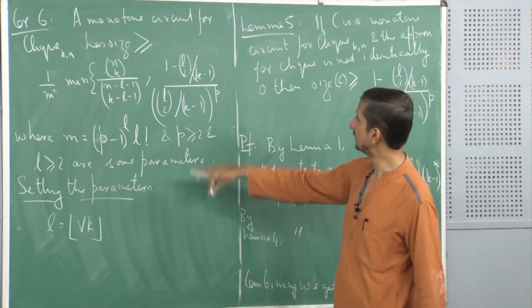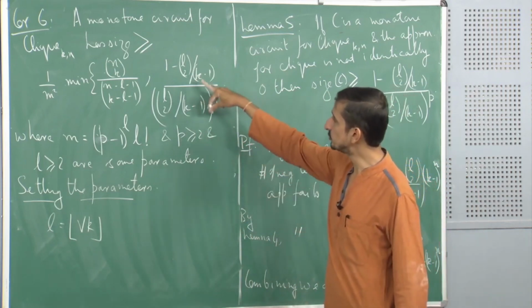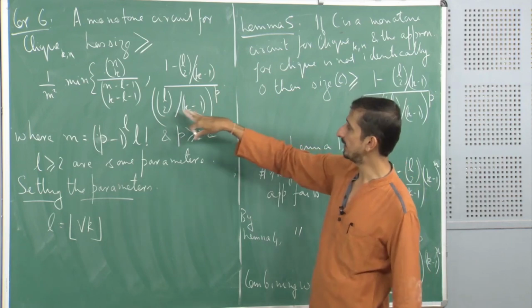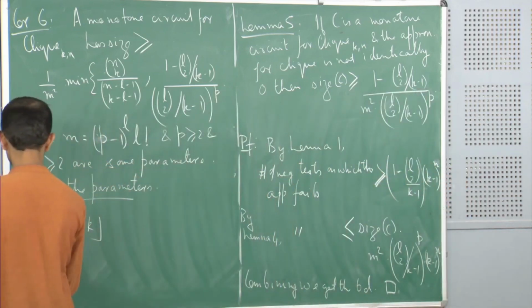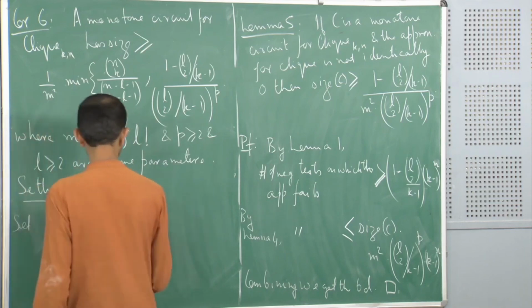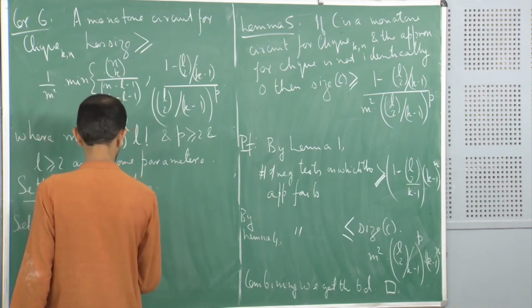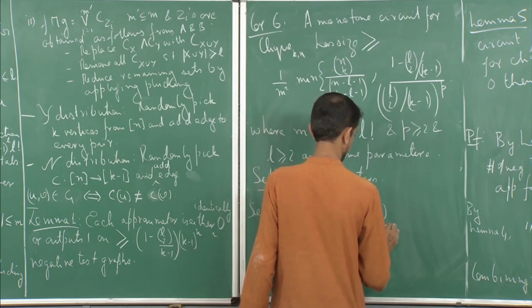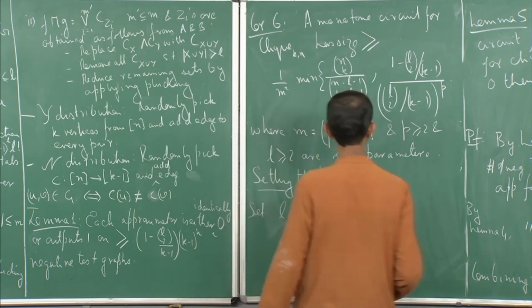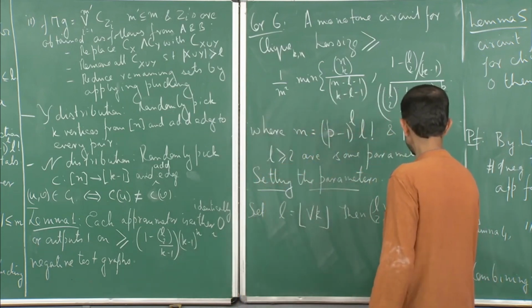So if I set L to be root k, then L choose 2 by k minus 1 is what? So what is L choose 2?